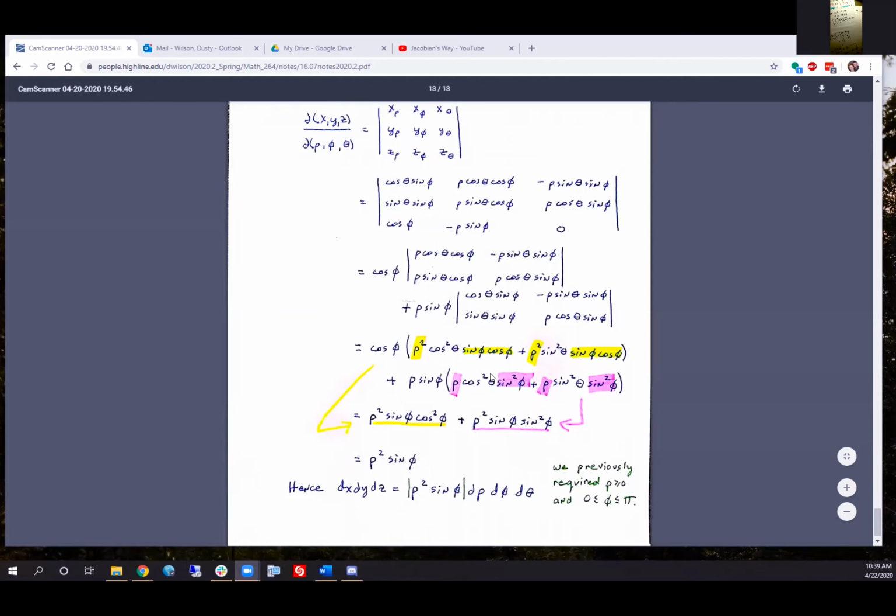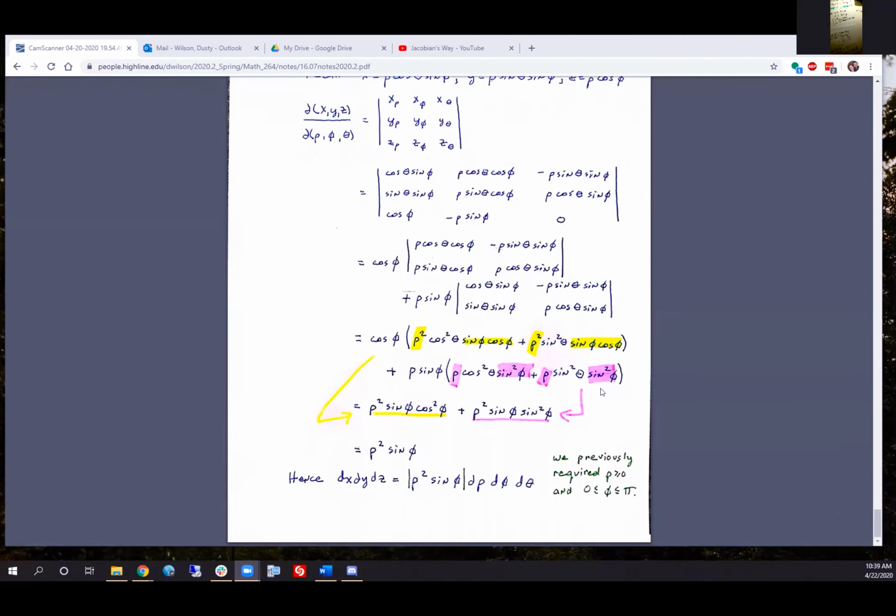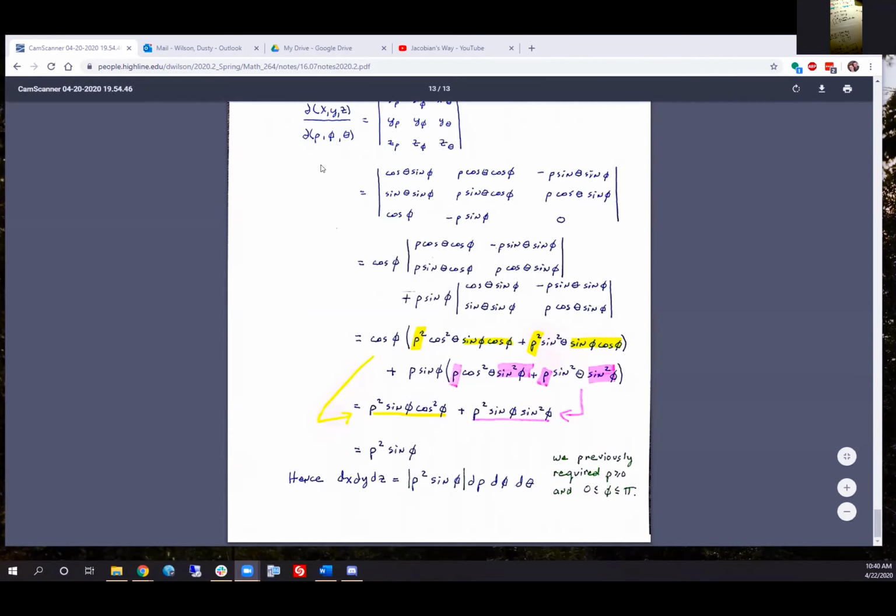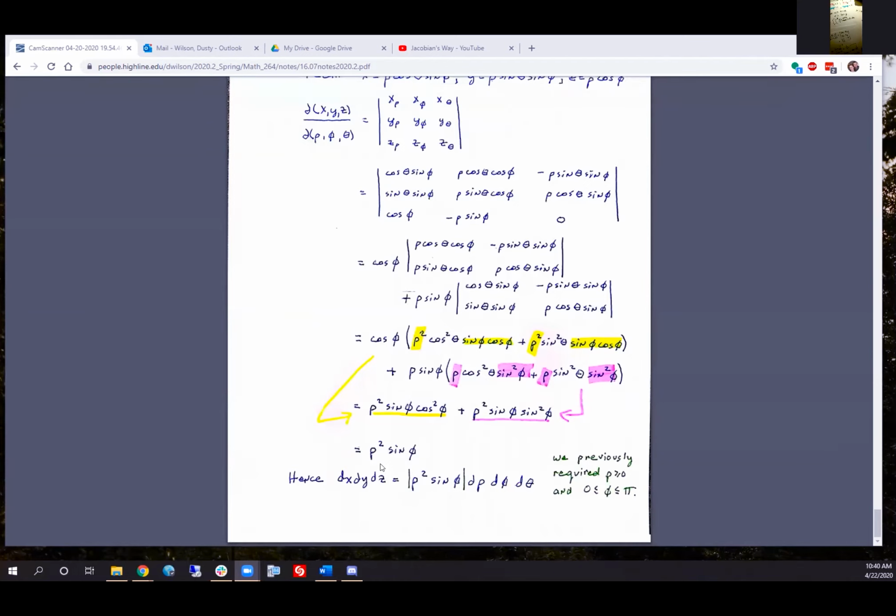There's like yellow common factors and pink common factors. And you end up with a whole bunch of Pythagorean identities. And at the end of the day, you end up with rho squared sine phi. And so we could explain that scaling factor going from rectangular to spherical coordinates geometrically.